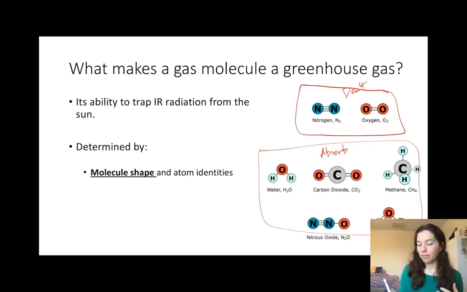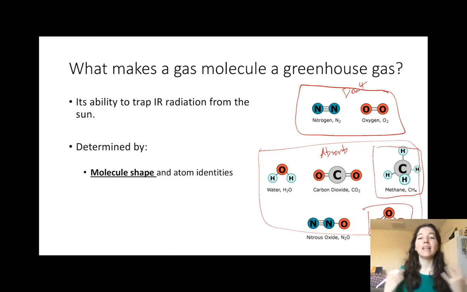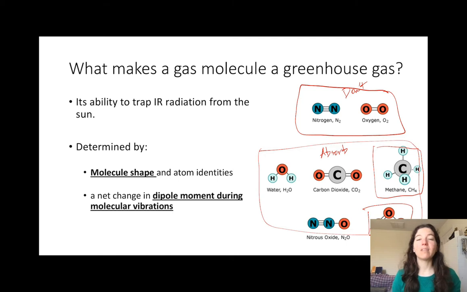Is it bent in this shape, or does it have four constituents off the side of it? And the identities of the atoms inside of the molecules. One of the things that determines whether or not it actually absorbs that IR radiation is when the dipole moment changes. So you might be wondering, what's a dipole moment? What does that mean? We're going to cover all of that in just a minute.